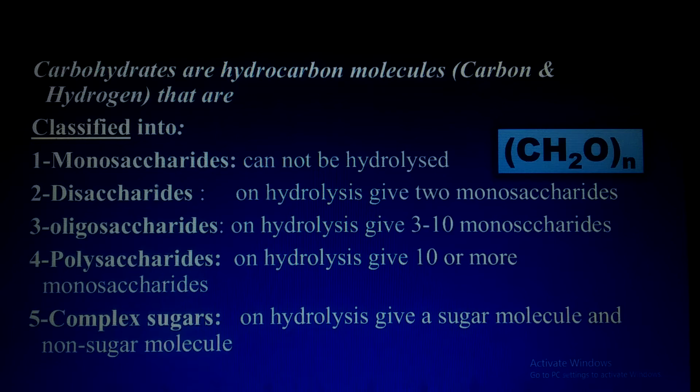Complex sugars on hydrolysis give a sugar molecule and a non-sugar molecule. Simply, you can say that complex sugars contain, for example, glycoproteins and glycolipids. All these are complex types of sugar.